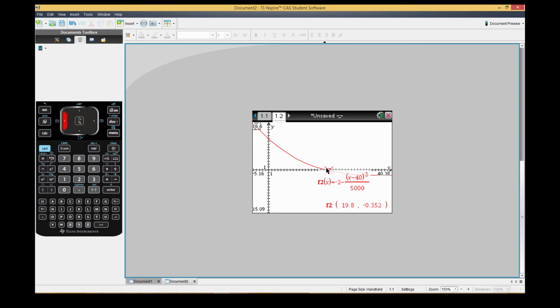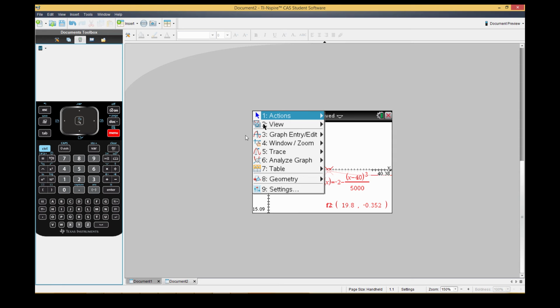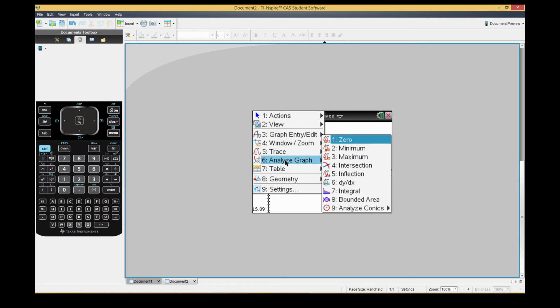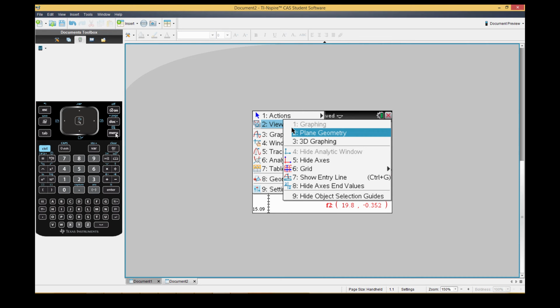Right, I want an actual figure there, so maybe we can put it in, analyze. I could do it manually, I guess, but I will use a calculator. Alright, go to menu.